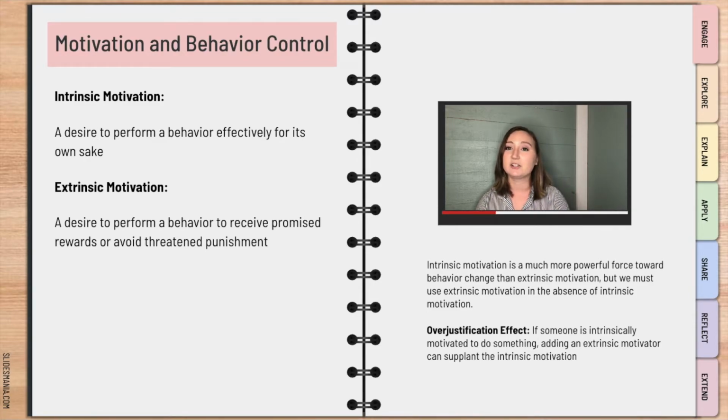But now she's offering to pay you. Well, now it's harder for you to muster up the intrinsic motivation to read because now you're going to get money for it. An over-justification effect will happen if someone is intrinsically motivated to do something and then you add too much motivation, and the extrinsic motivation will supplant the intrinsic motivation.